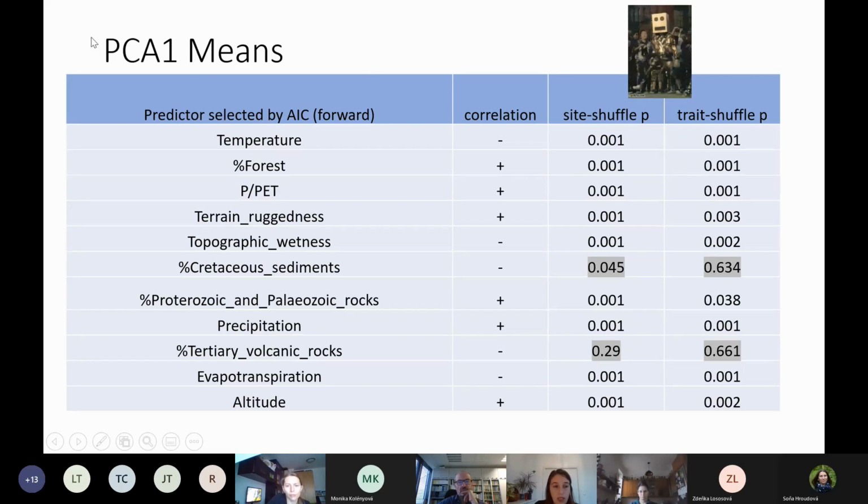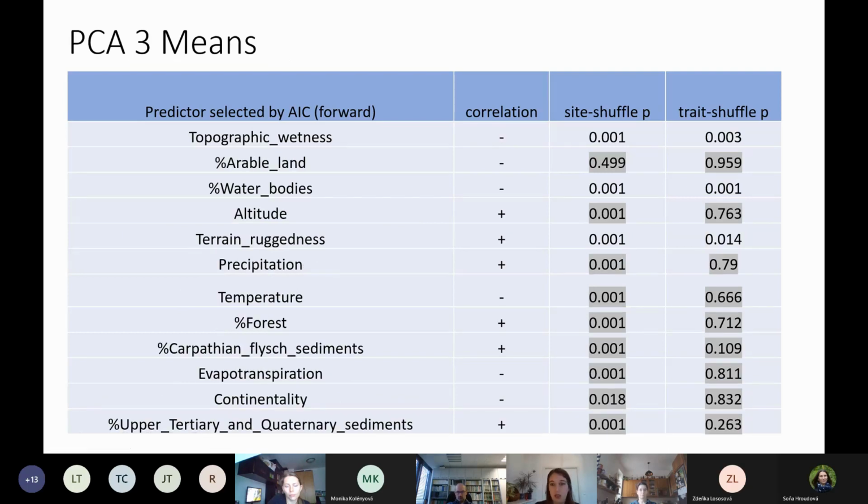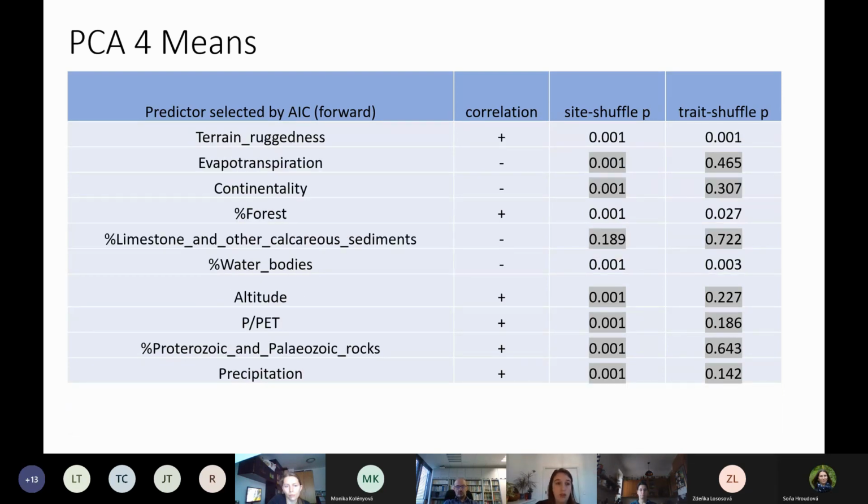For the first axis, actually just two of them didn't have a significant P. But for the other axis, for example axis 2, we excluded most of the variables from the model. And for PCA 3, the same, so we ended up with only 3 predictors. And for PCA 4, we also ended up with 3 predictors.